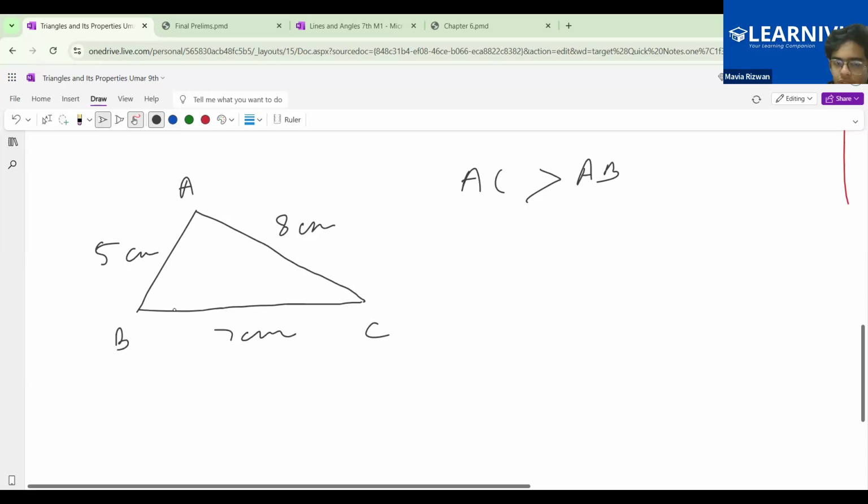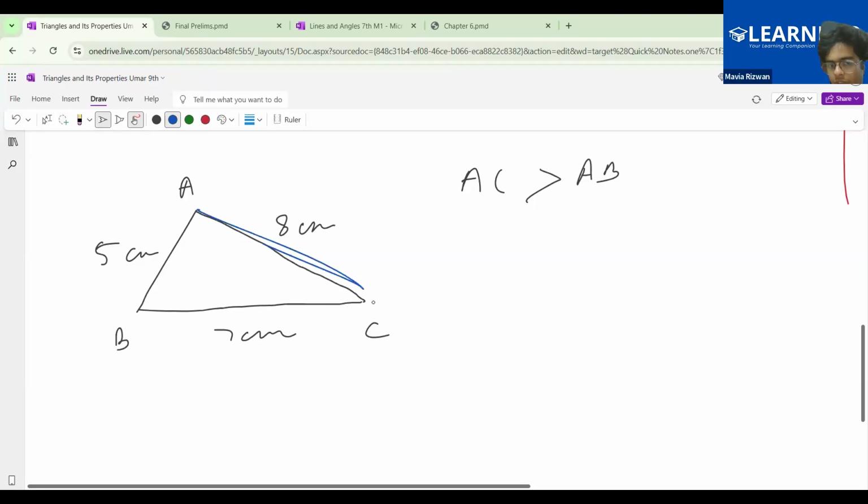Now, guys, which is the angle opposite to AC? Can anyone tell me which is the angle opposite to AC? No, no, sir, the angle, not the side.